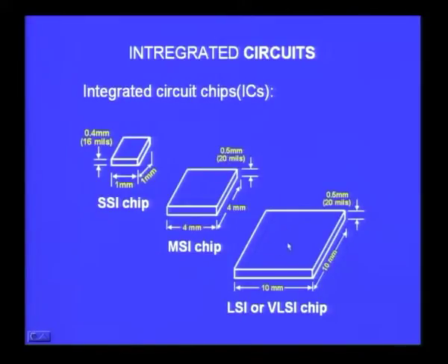All these thousands or hundreds of components can be formed on the same side of the silicon chip, where the dimensions will typically be 10 millimeter by 10 millimeter square with a thickness of about 0.5 millimeter. All these technologies were possible because of the developments in the semiconductor field.